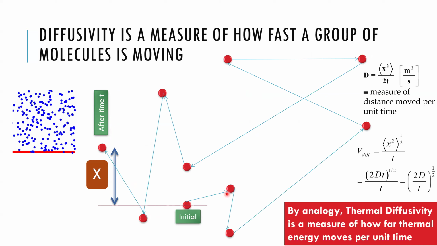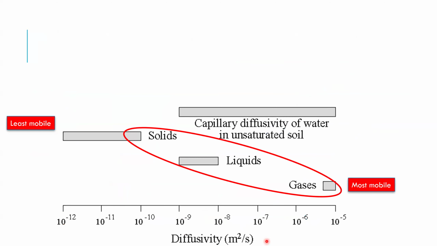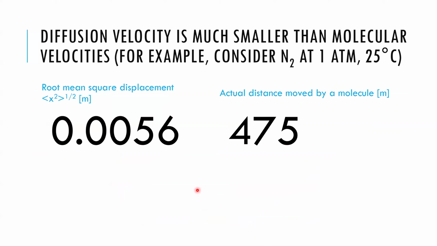It's going a lot of distance, but effectively it's only going from here to here, because it keeps bouncing against others. So this diffusion velocity is much smaller than the molecular velocity.